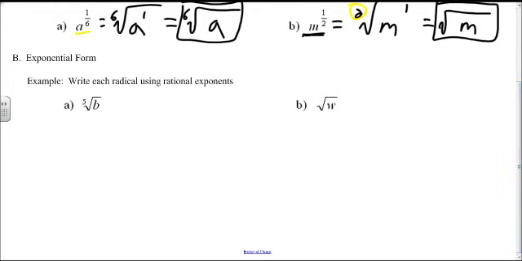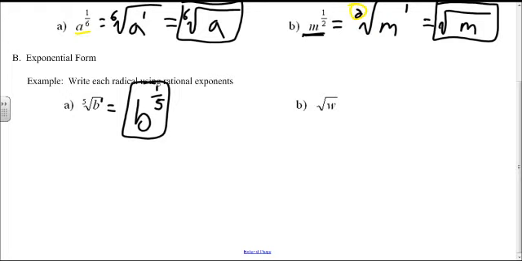Moving right along here, we have the 5th root of b, and we're asked to rewrite that into rational exponents. Now again, looking at our properties, we would say that this is b to the first power and the 5th root of that. So we could rewrite this as b to the 1/5. Again, because we kept our power from before, the b to the first power, and just divided it by the index, so it's b to the 1/5.